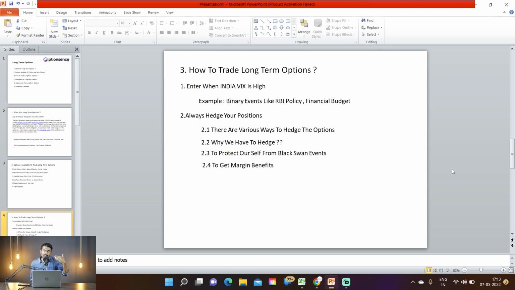So when you do these strategies on long term options during a binary event, India VIX tends to be on the higher side. And once the binary event finishes, India VIX comes down, and immediately whatever strategies you have taken are going to be in profit.